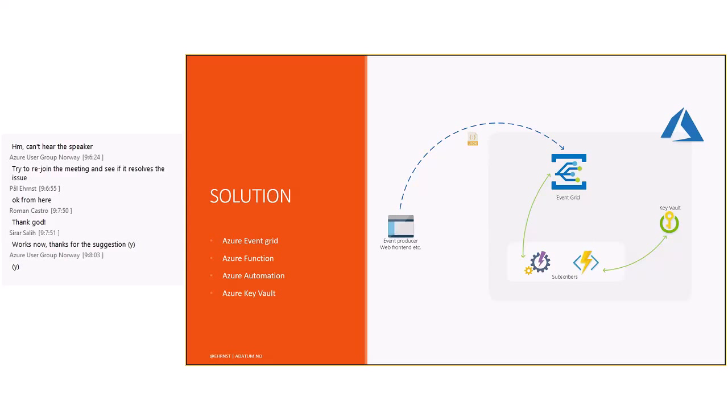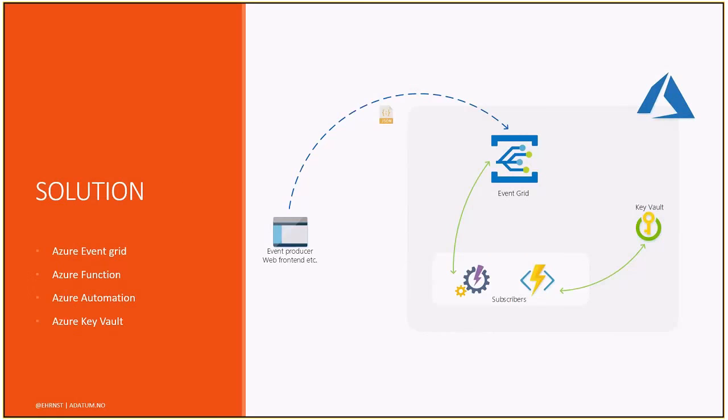So on the left hand you have a web front end, which is actually the form you have to fill out, and the content of the form is sent as a JSON document to Azure Event Grid. Azure Event Grid acts like the hub for all events going back and forth within this infrastructure. So you can easily hook up other subscribers to listen to the same events.